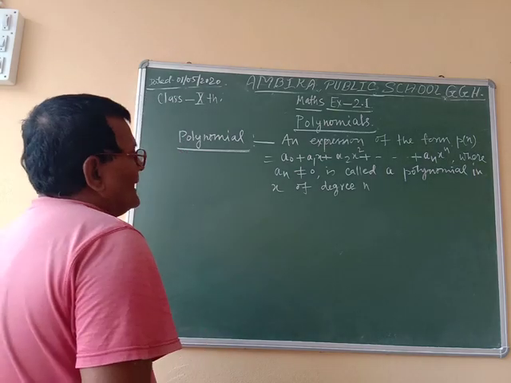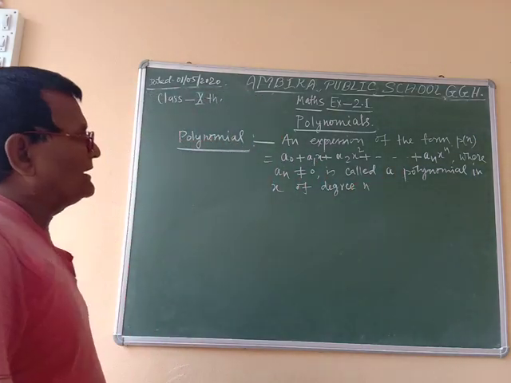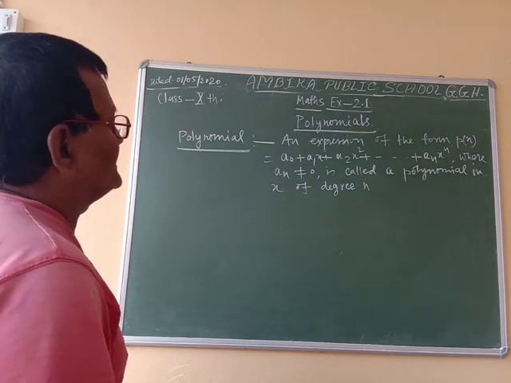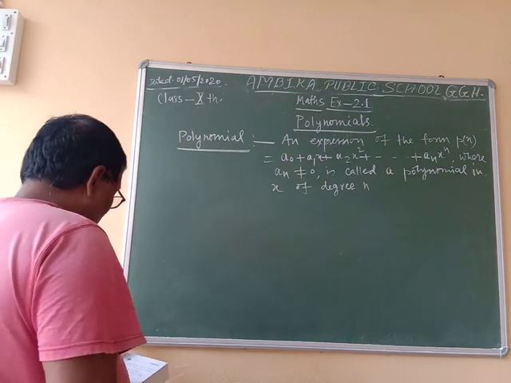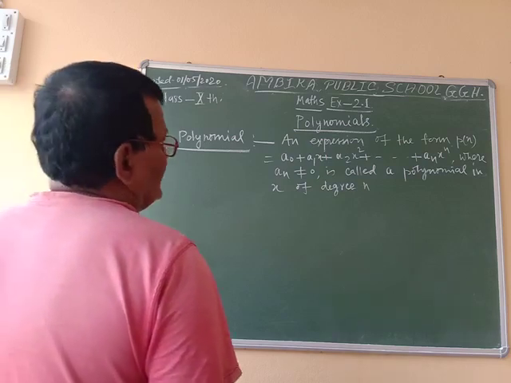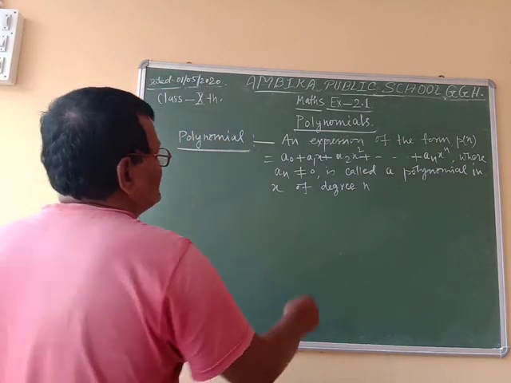Here a0, a1, a2, a3, an are real numbers, and each power of x is a non-negative integer.